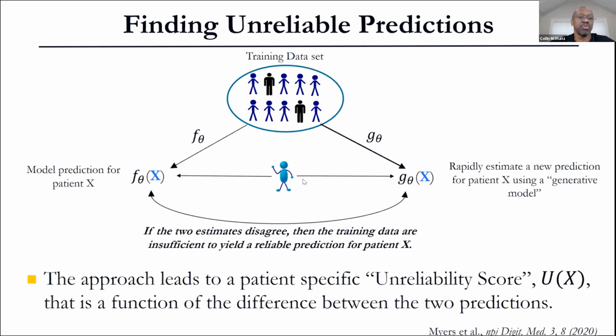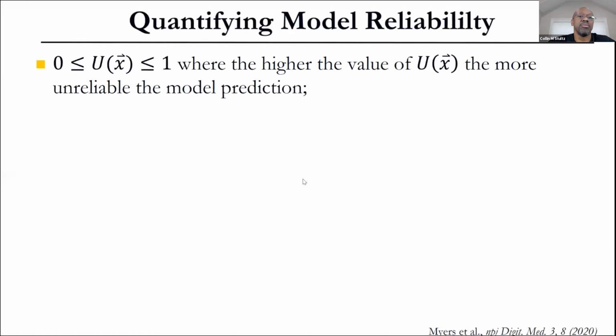So from this, we developed what's called an unreliability score, and the idea behind the unreliability score is it identifies patient subgroups in which model performance is expected to be poor.